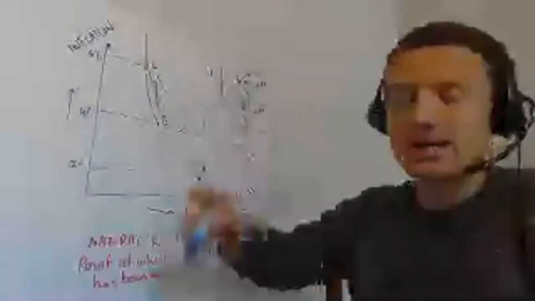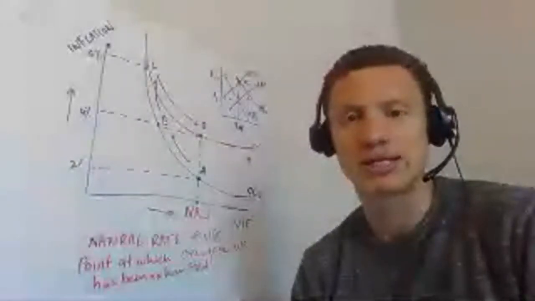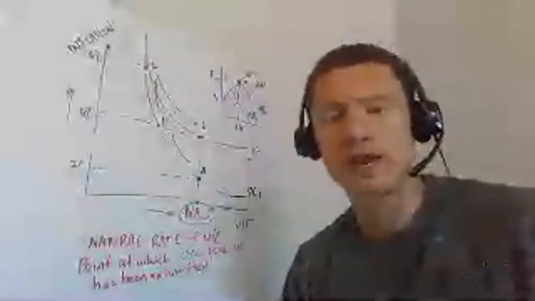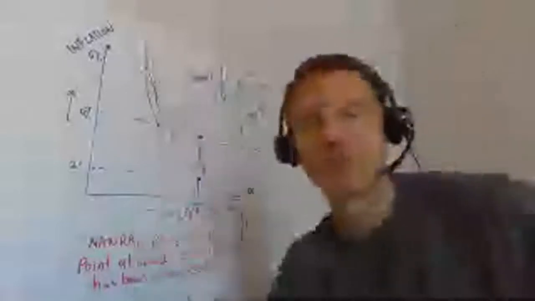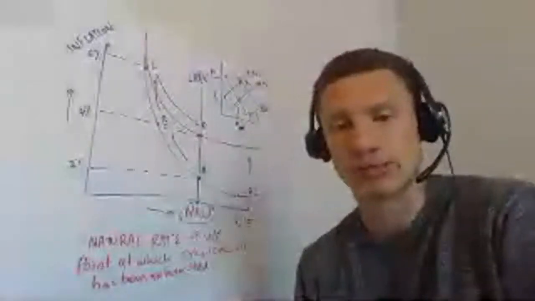So all it has ended up doing, it hasn't created any real GDP growth. It's simply caused inflation. And if you look at this graph now, that's what we've got going on as well. We're still at the NRU, the natural rate of unemployment, but we have a higher inflation rate. And this is why we can now draw a long run Phillips curve, because in the long run, we're always coming back to the natural rate of unemployment.